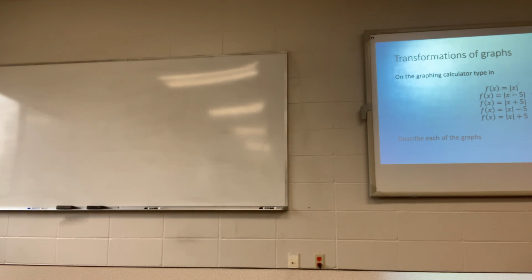Okay, so y equals, everyone good? Y equals. Now to get the absolute value signs, you go math, and then you go over to number, so use your arrow key to go over to NUM. And then number one is ABS, the absolute value, so you can hit either one or hit enter. And then it's gonna give you absolute value signs back in your y equals. And then you can go ahead and hit the X and graph it.